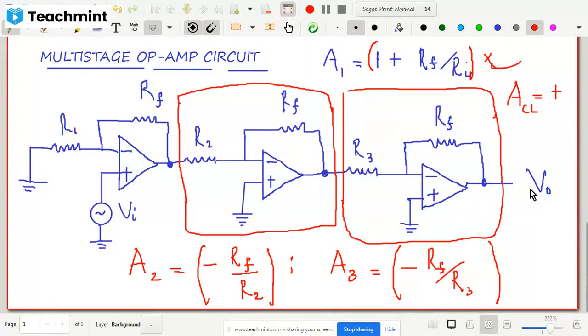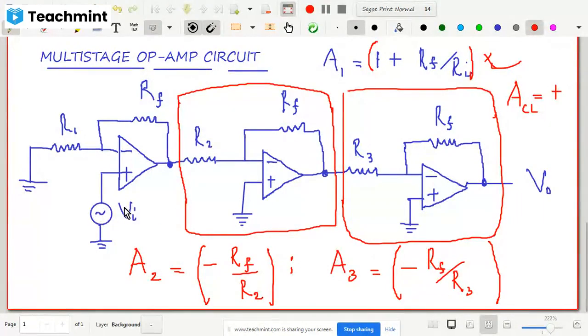You should be able to do it. To find the total output voltage of this multi-stage amplifier, first you calculate the individual gains A1, A2, A3. After calculating the individual gains, you multiply them all. Then you get the total gain. Once you calculate the total gain, you know the input already. It will be given to you in the question.